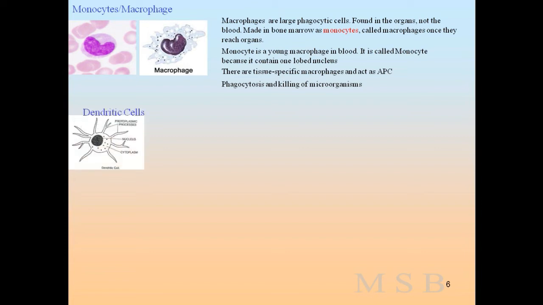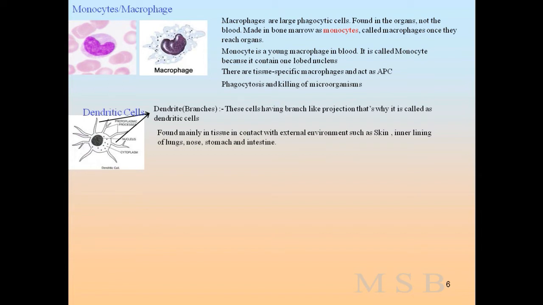The next cell in innate immunity is the dendritic cell. Why is it called a dendritic cell? Because it has branches. These cells have branch-like projections. They are found mainly in tissues in contact with the external environment, such as skin and the inner linings of the lungs, nose, stomach and intestine.